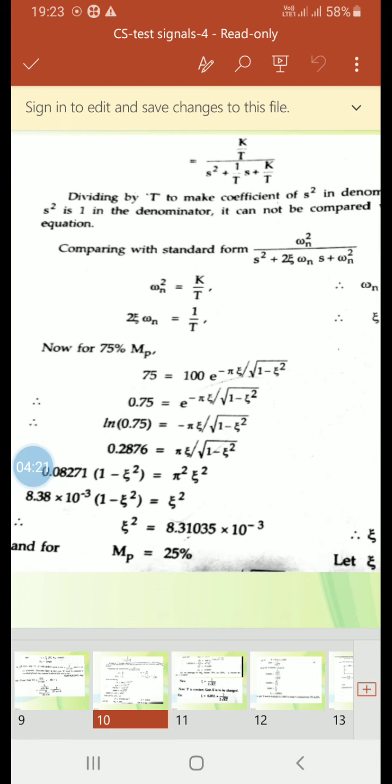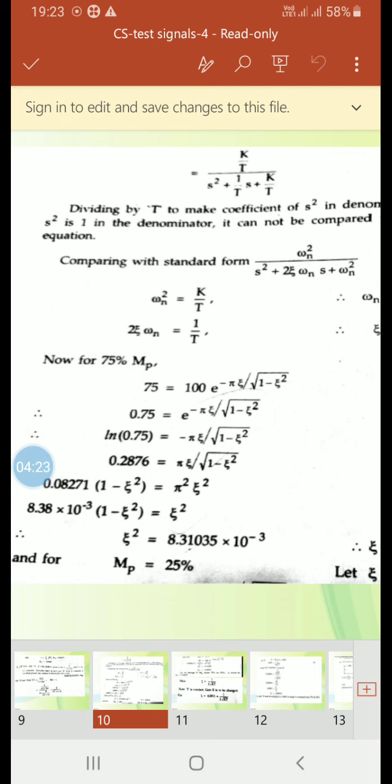So now for 75% Mp: 75 is equal to 100 e raised to minus pi damping ratio by root of 1 minus damping ratio square, which is 0.75 is equal to e raised to minus pi damping ratio divided by root of 1 minus damping ratio square. Natural log of 0.75 is equal to minus pi damping ratio divided by root of 1 minus damping ratio square. So 0.2876 is equal to pi damping ratio divided by root of 1 minus damping ratio square.